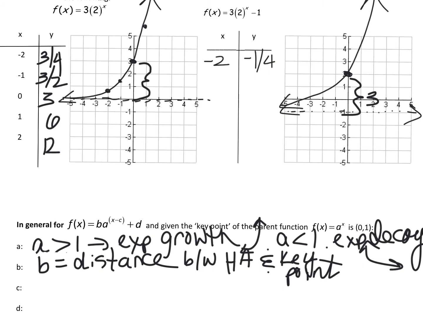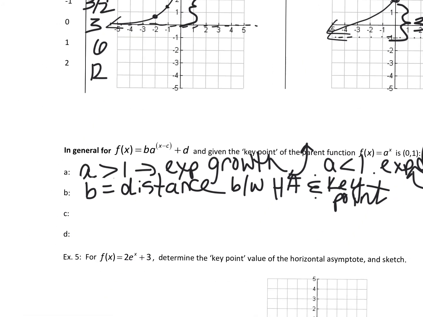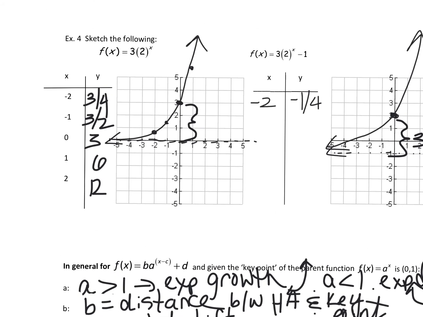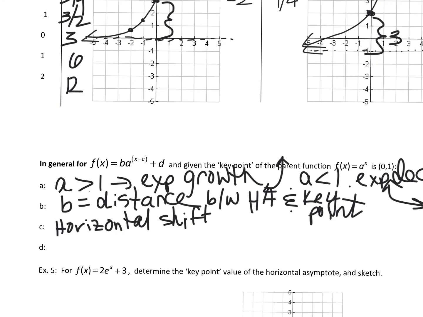C is our phase shift, or, haven't used that word yet, sorry, we do that when we get into trig. Horizontal shift. C is a horizontal shift, and we know that because of what we looked at on the last page. We didn't have it here. If you come down at the bottom here, we have this -C.